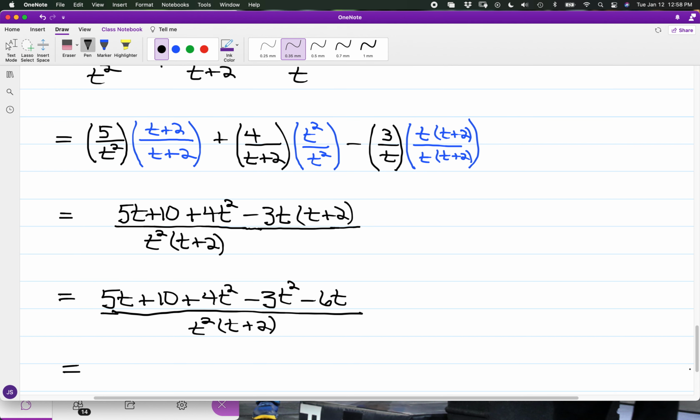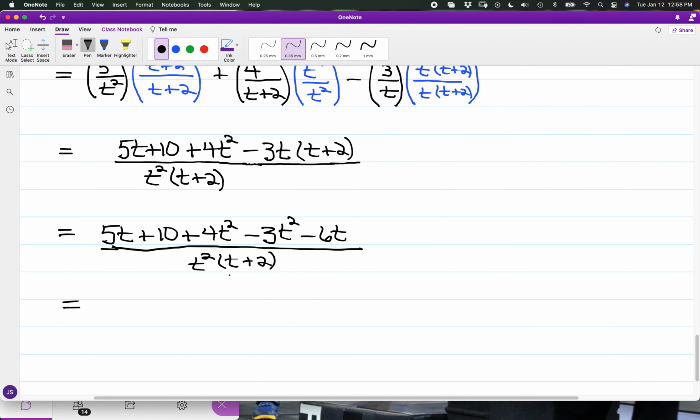And for the follow through, it technically doesn't matter what order you place the terms, but I like to put them in reducing degree order. So in second degree, I have 4t squared minus 3t squared, so this will be t squared. And I got 5t minus 6t, so this will be a negative t.